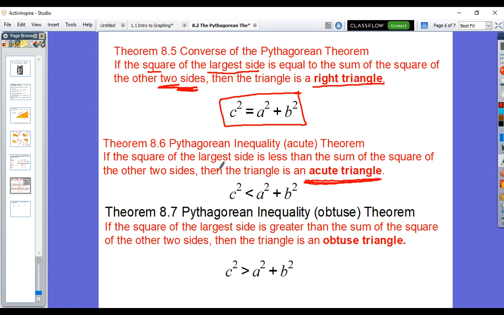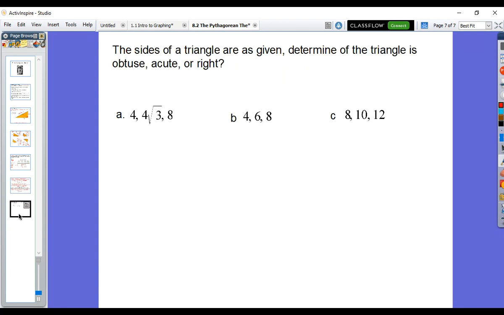If we try the Pythagorean theorem and find that the longest side squared is greater than the sum of the squares of the two smaller sides, then that's an obtuse triangle. So if the hypotenuse is bigger, it's obtuse. If the hypotenuse is smaller, it's acute. Let's try those out. So the goal is to see, are these right, acute, or obtuse?